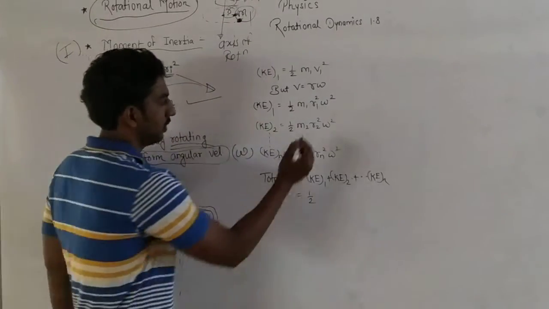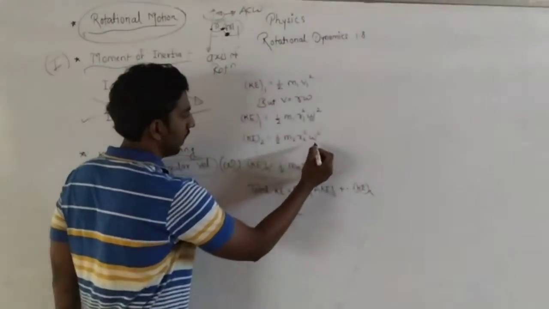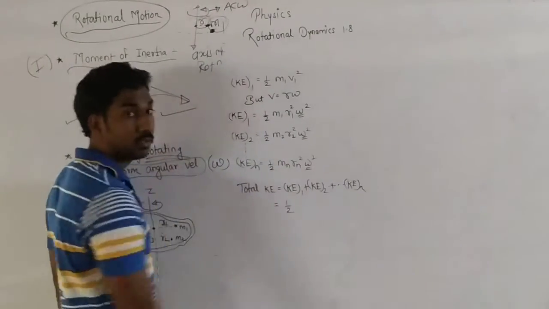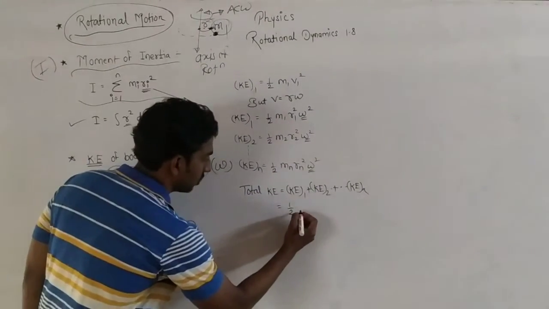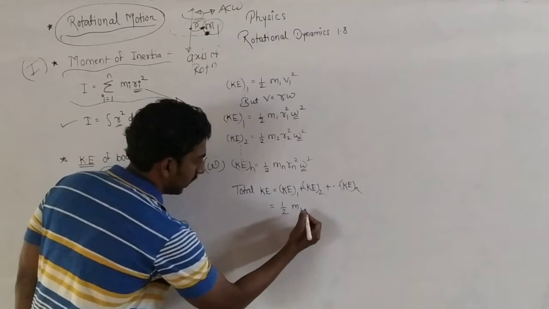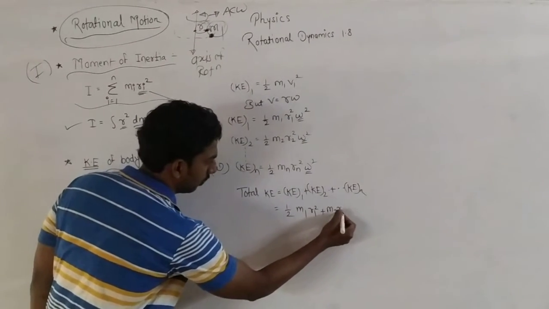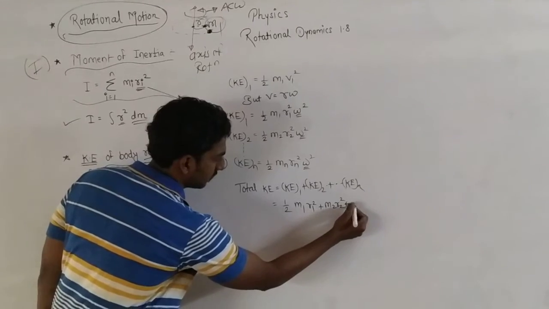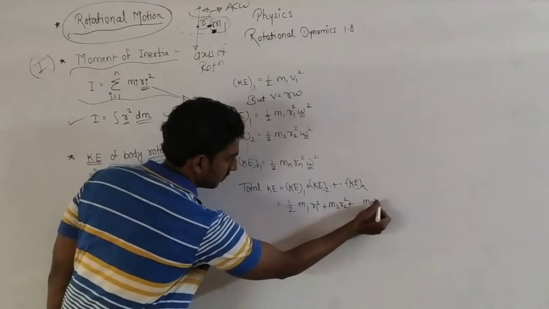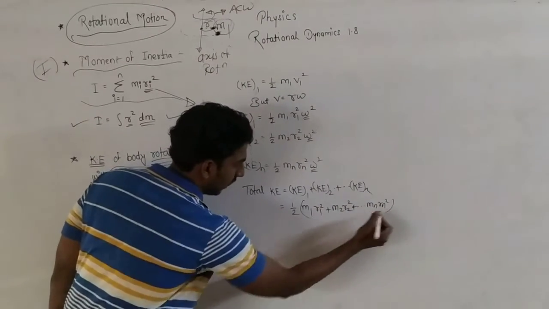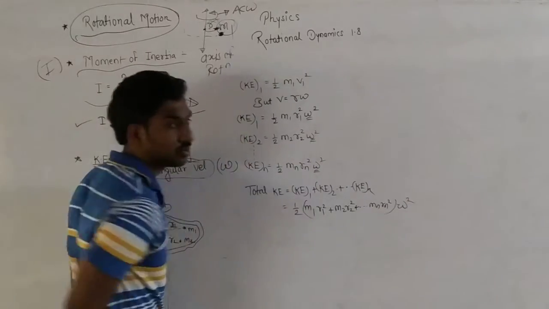As you see, omega is common, and half is common. So K equals half into bracket m1 r1 square plus m2 r2 square plus dash dash dash plus mn rn square, times omega square.